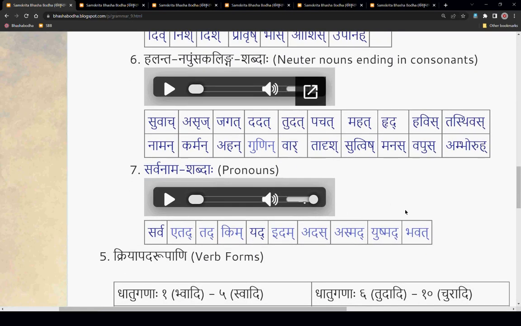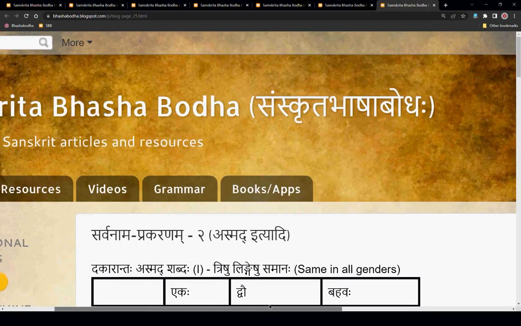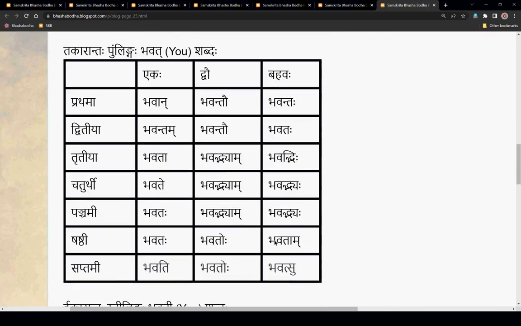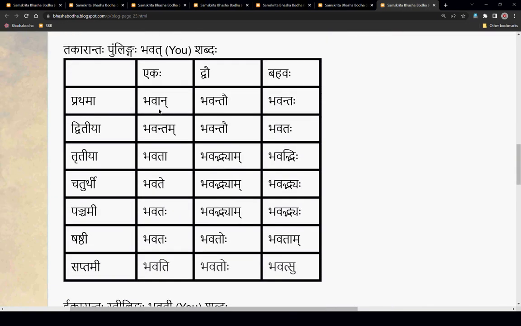Okay. So here, Bhavat Shabda, Sarvanama Shabda Bhavat, that is the Pratipadikam. Aham, Tvam, Bhavan. Bhavat Shabda, Pullinga: Bhavan, Bhavantau, Bhavantaha.